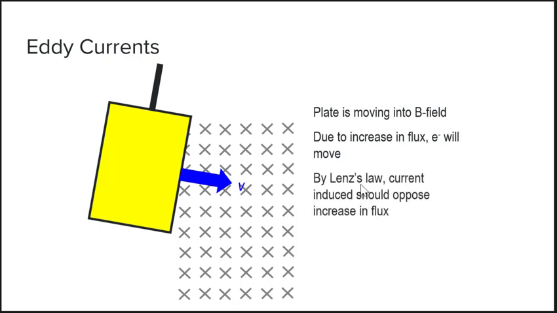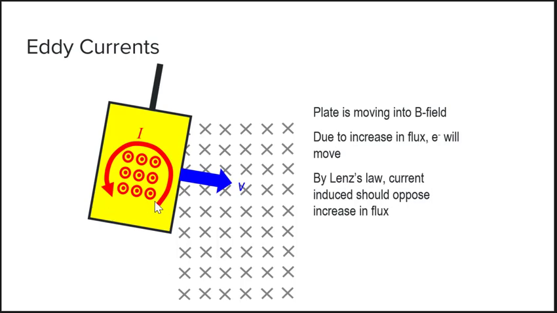Recall, by Lenz's law, the current induced should oppose this increase in flux. Hence, the induced current will flow in such a way to generate a magnetic field in opposite direction to the external field to oppose this increase in flux. Note, if we look at the direction of the field, the magnetic field is pointing out of the paper.